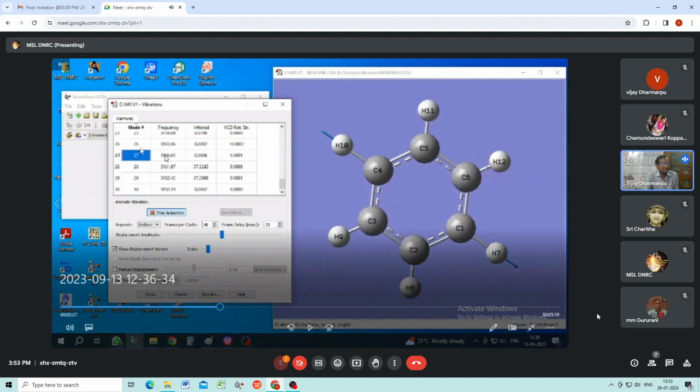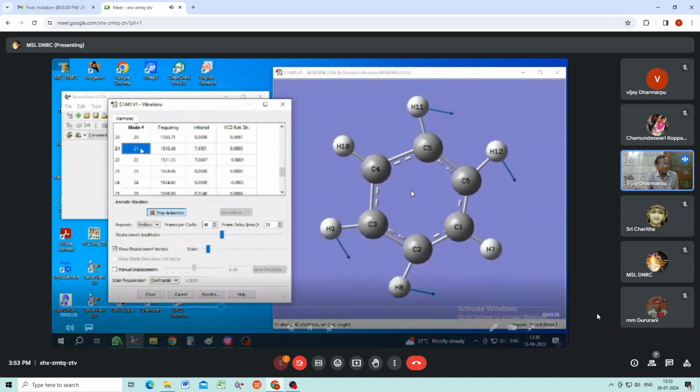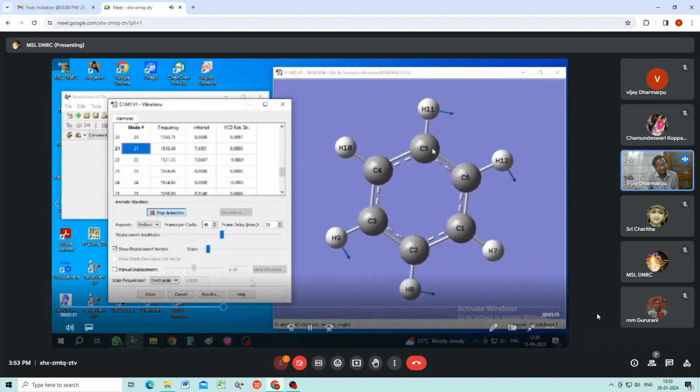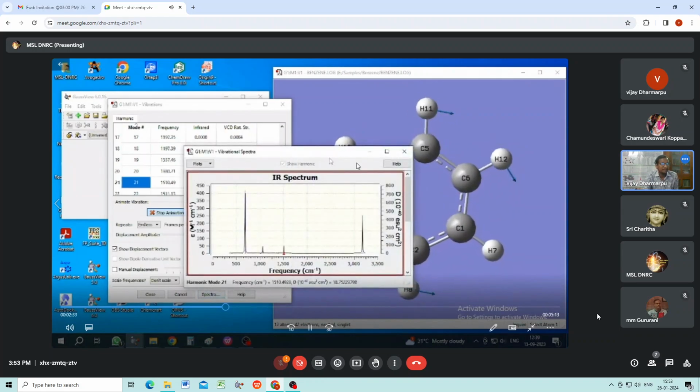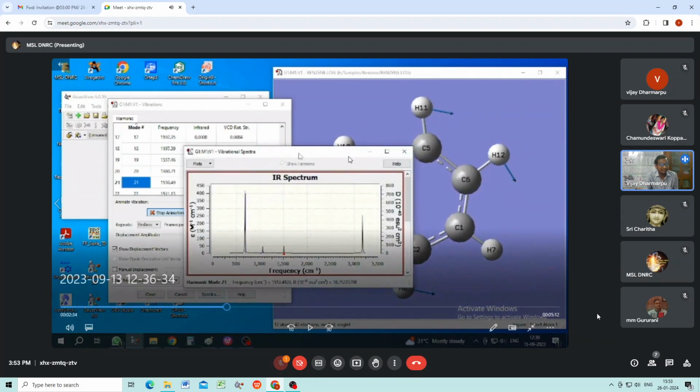See, we can see the stretches like that, in CH, H10, H7, C1. And we can see the IR spectra also.